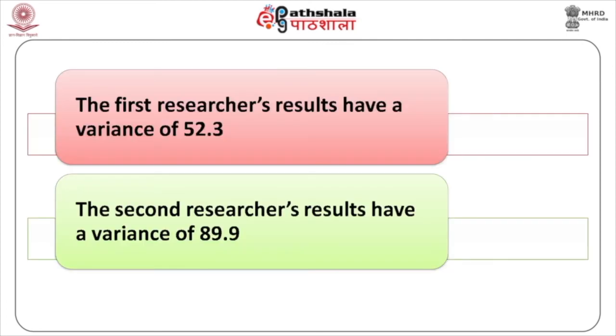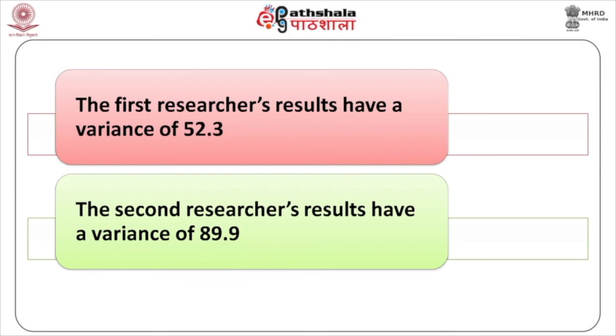For example, two researchers are interested in whether or not there is any variation in the way the results of lie detection are obtained at two different laboratories. They each consider the same set of 30 results. The first researcher's results have a variance of 52.3.